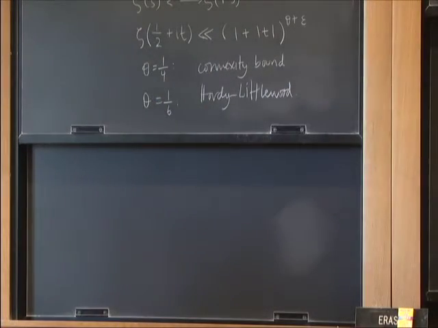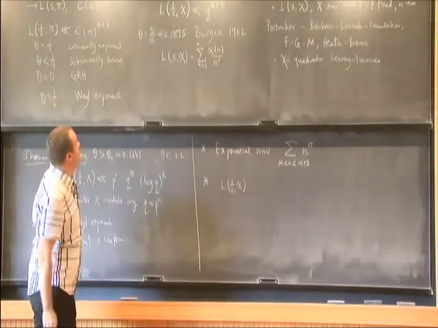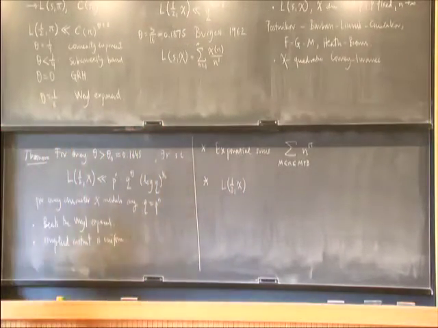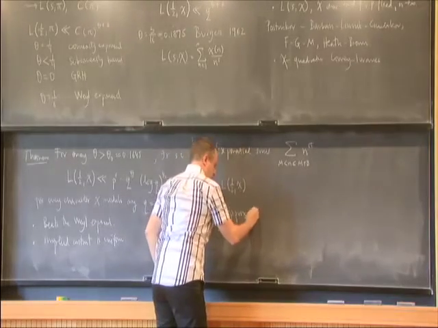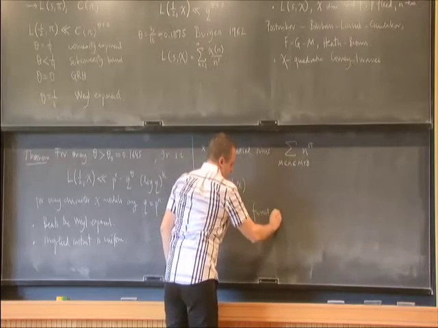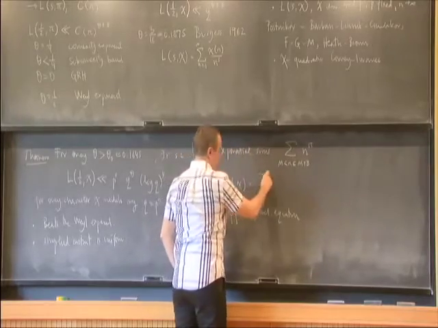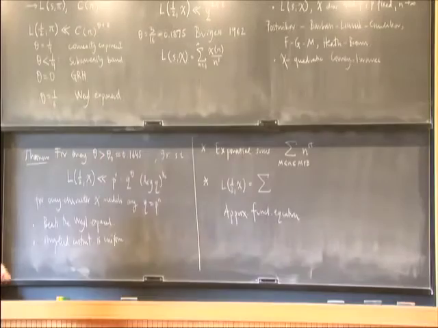Okay, now I'll tell you what happens in this case more precisely. So if you want to look at L(1/2, chi), as I said, this sum doesn't converge at the point 1/2, right? But we have a standard technical device for this. It's called the approximate functional equation. And what it says, morally speaking, again, this is not going to be really correct, but morally speaking, is that you can write this as a sum of two sums.